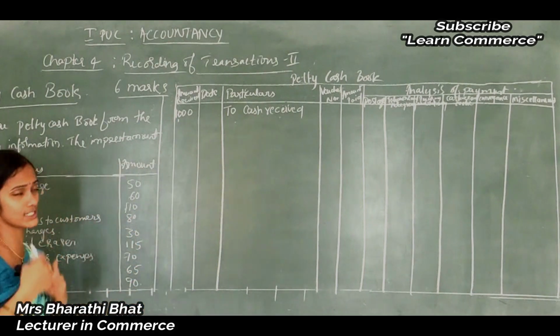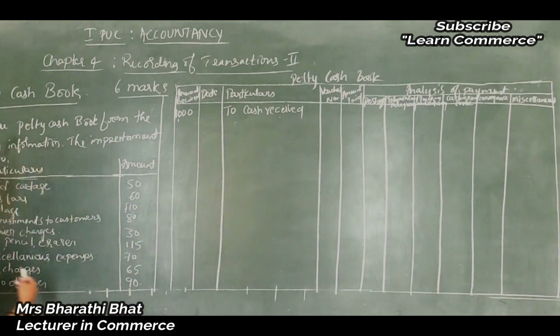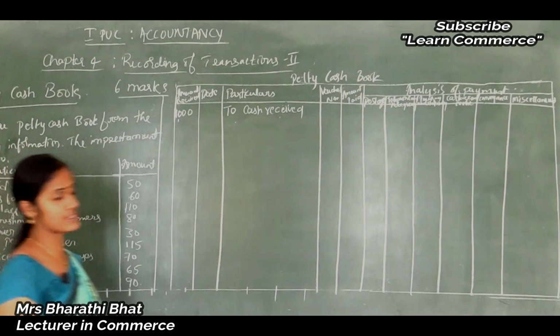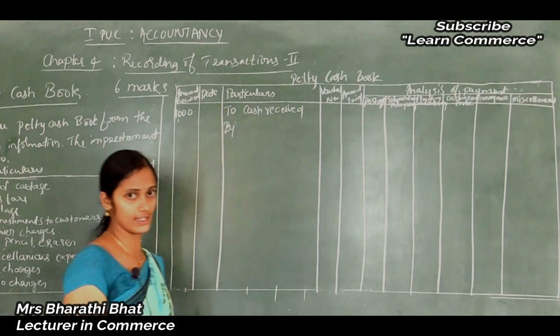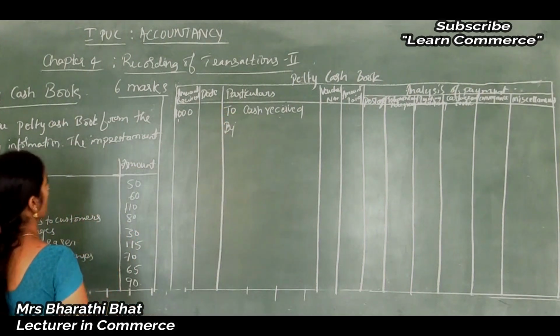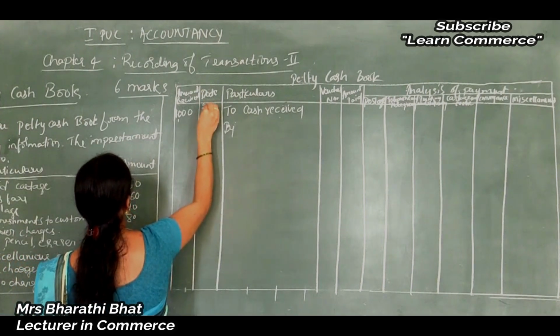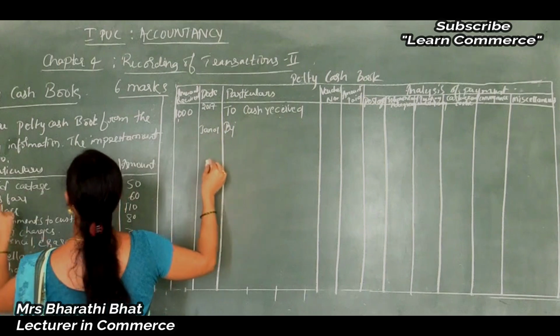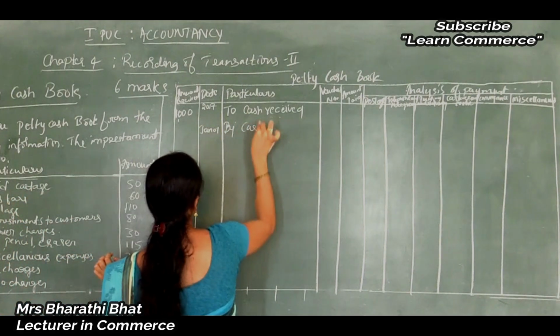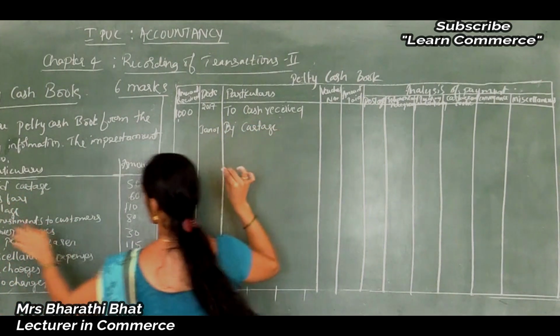Okay, and the next step, to record all the expenses, all these are expenses, correct? So to record these expenses, we need to use the word "by", prefix "by". Got it? So date, 2017 January 1st, by cartage. First write all these expenses.